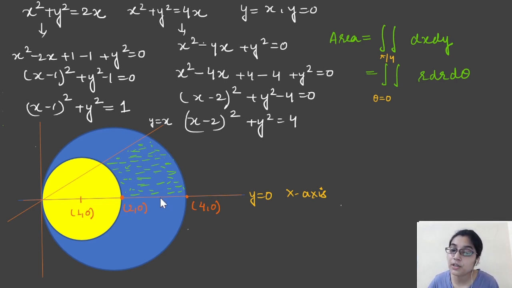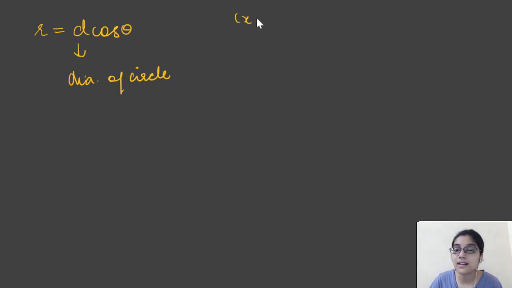So what we will do in this case, and all of you also know that since the circle is on the x axis, we have an equation of the circle r is equal to d cos theta, where d is the diameter of the circle. Fine. So the first circle that we have, x minus 1 whole square plus y square is equal to 1. In this case we write r is equal to d cos theta.